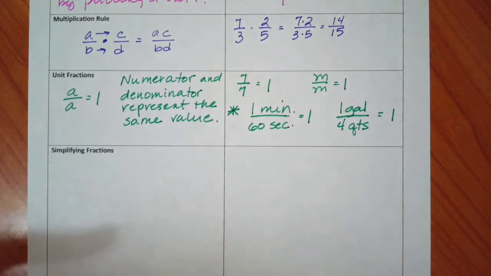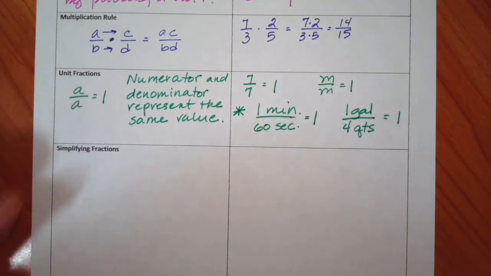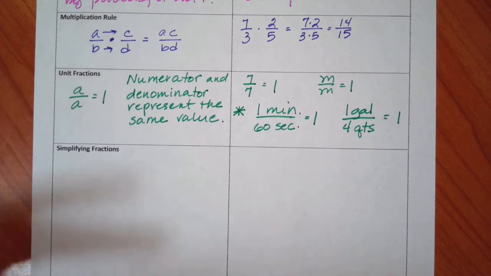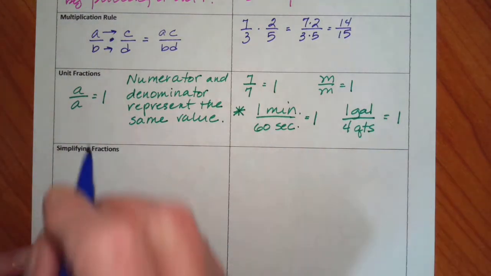All right, so once we have something divided by itself, something in common to the numerator and denominator, then we can cancel it out because it equals 1.